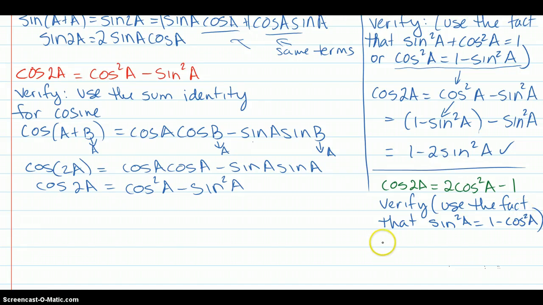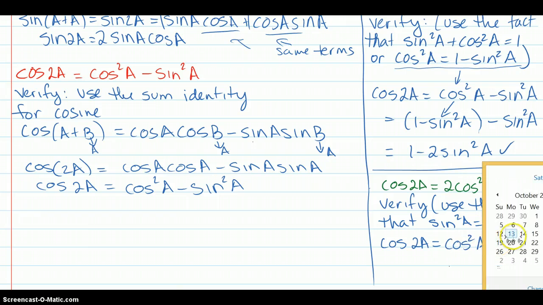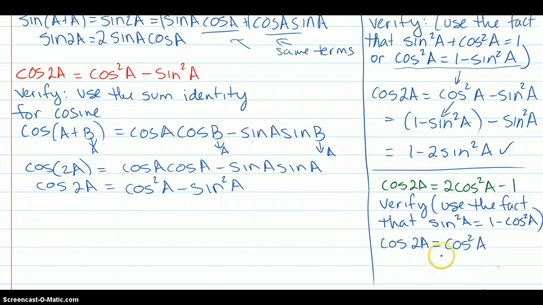So we have cosine of 2a equal to, again, the definition we proved, cosine squared of a minus sine squared of a. That's the identity that we used over here.